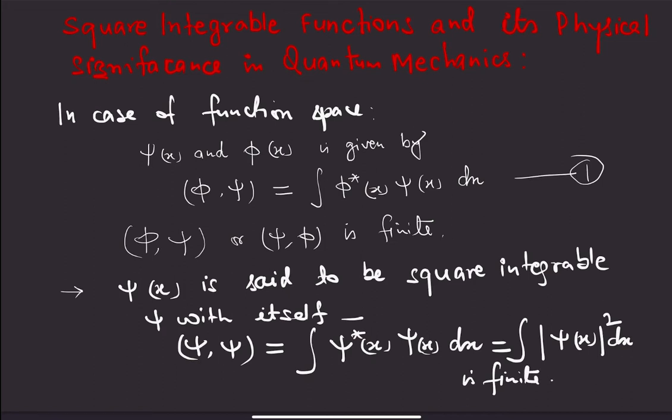Thus, if the function gives a finite scalar product with itself, then it is called a square integrable function.